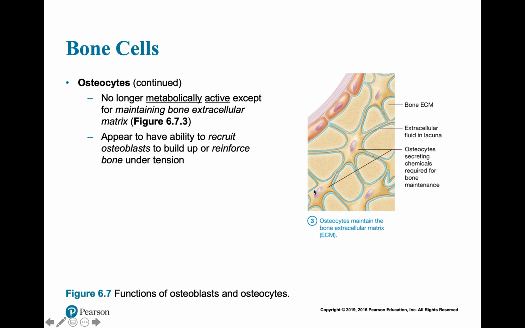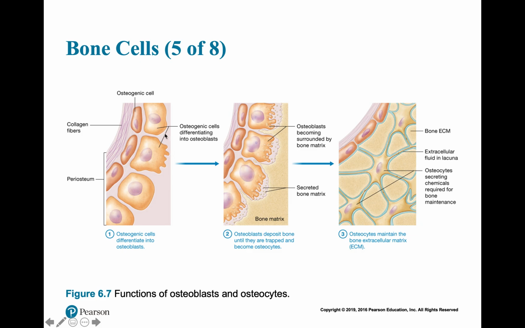Okay, and remember that I'll talk about that again. They have these little tiny channels that connect them. We'll talk about those channels in the next video. All right. So this is just showing, again, that osteogenic cells, under the correct chemical signals from the body, can proliferate and differentiate into these bone-forming osteoblasts.